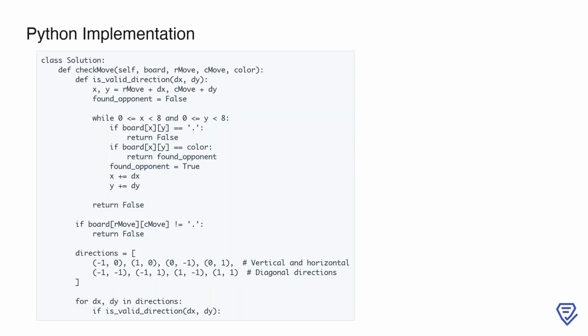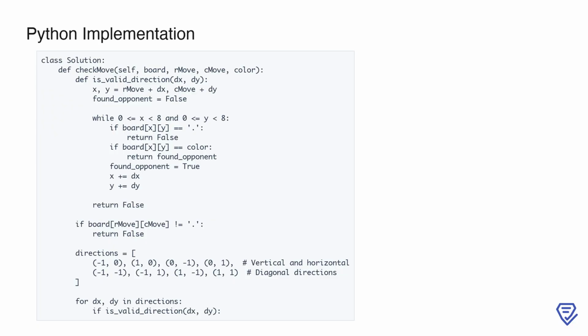Here, we begin implementing the solution by defining a function checkMove within the solution class. This function takes 4 arguments: board, representing the game board as a list of lists, rMove and cMove, which indicate the row and column index of the proposed move, and color, which represents the player's color. Inside this function, we define a helper function called is_valid_direction to determine if a move is valid in a specific direction.